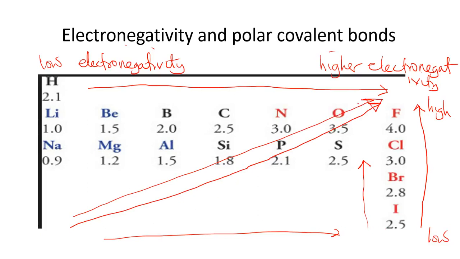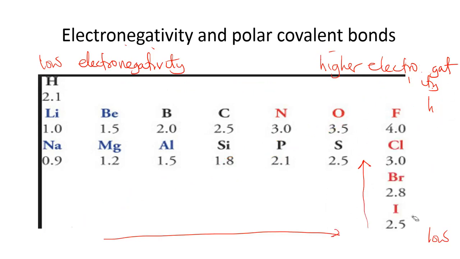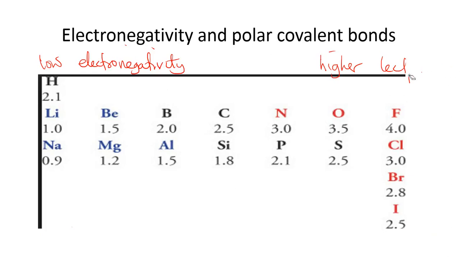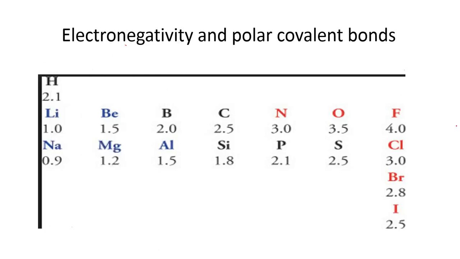As we go up, we see an increase in electronegativity. So really, electronegativity explains bonds that we call polar bonds.